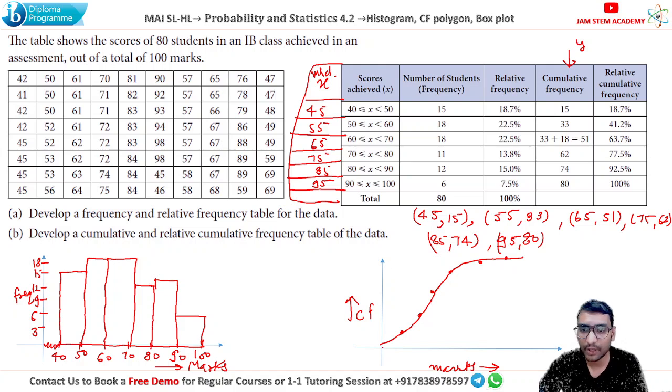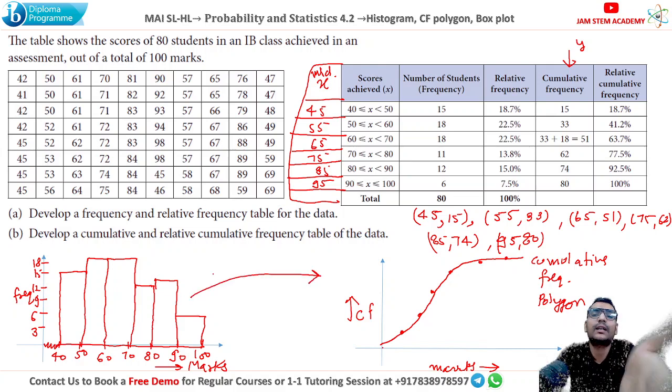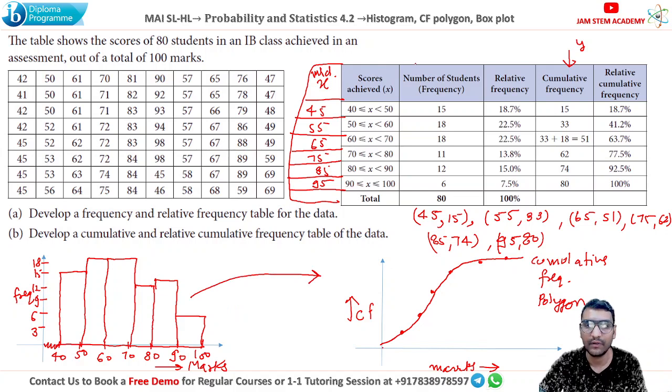Okay, that is your cumulative frequency polygon. From the given histogram also we can find this, because from the histogram we can always construct this frequency distribution table, or from the table we can draw the histogram.